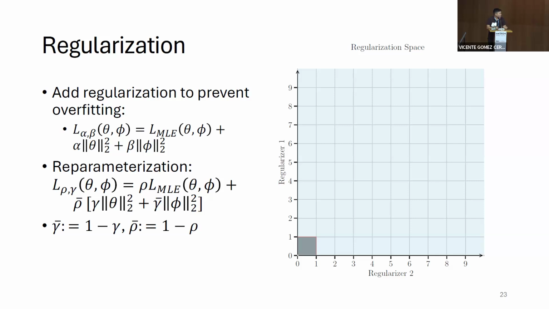So as rho goes to 1, we're recovering our MLE again. As rho goes to 0, we're basically just trying to please our regularizers. As gamma goes to 1, we're just going to be penalizing our mean. And as gamma goes to 0, we're just going to be penalizing our variance. So it's a completely one-to-one transformation of that original alpha beta regularization scheme I presented before. But the advantage of this is the entire space is going to be searchable in a much more amenable way.